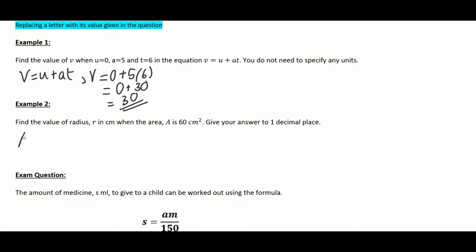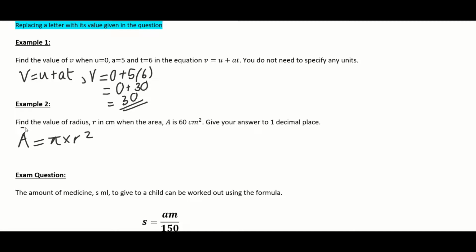A stands for area, which is equal to pi times the radius squared. A is the area of a circle, pi is just a number, and the radius is r, so A equals pi times radius squared.